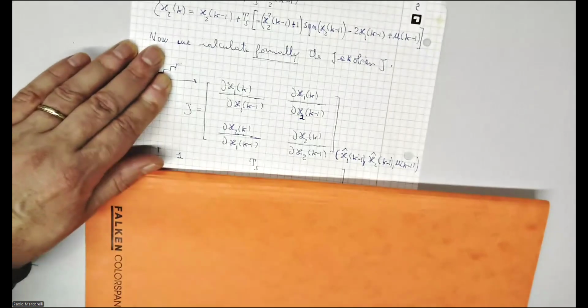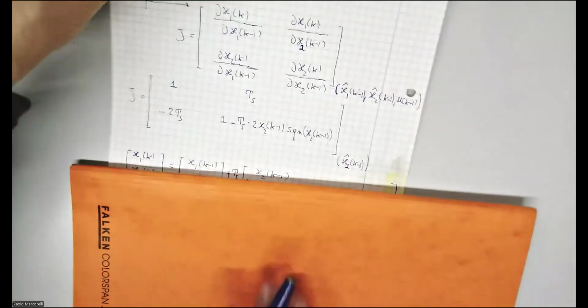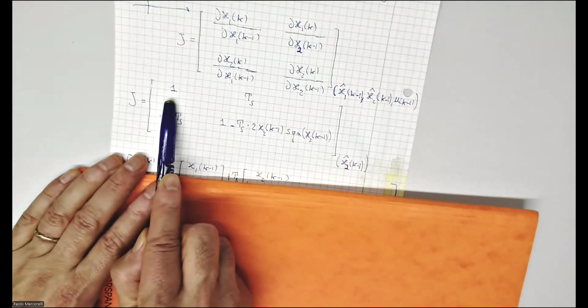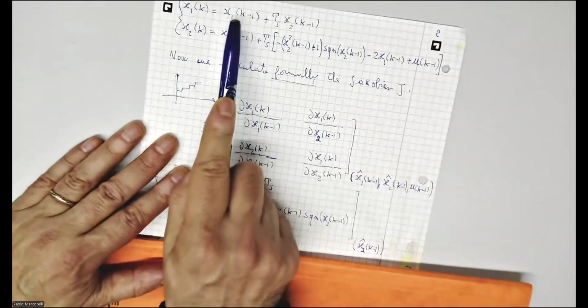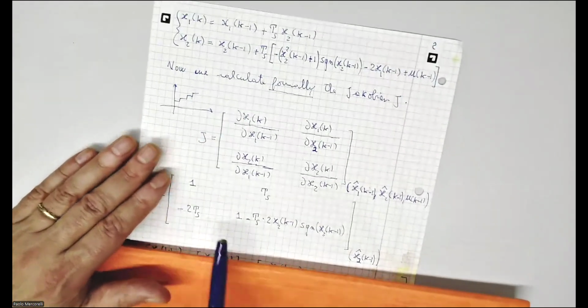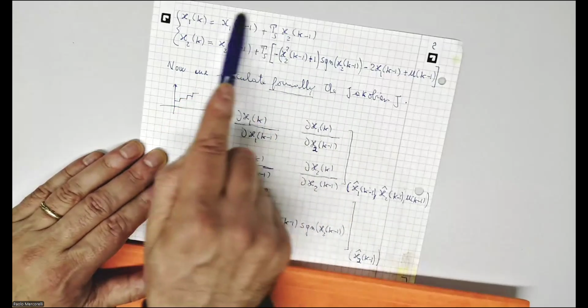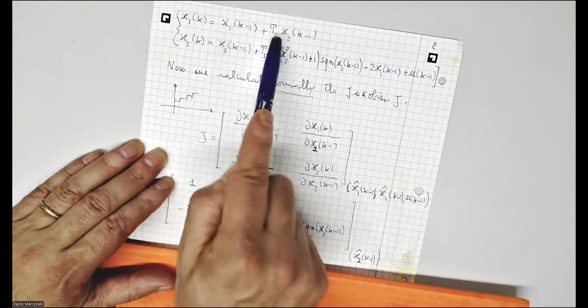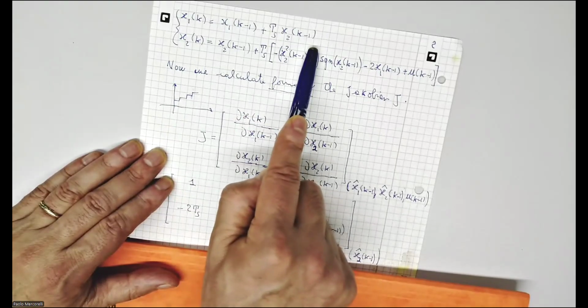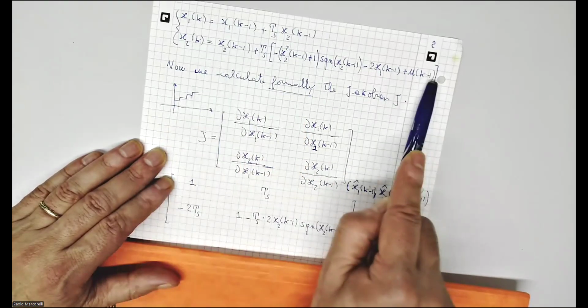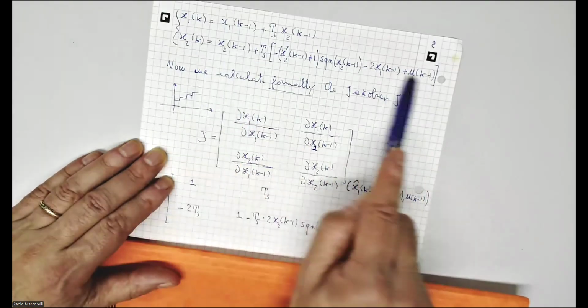Okay, the calculations are easy. The derivative of f1 with respect to x1 is 1. You can see from here. The derivative of f1 is this component here. The derivative of f1 with respect to x2 is ts, excuse me. Sometimes I call it t, sometimes ts. Look at the derivative, the gradient of this equation here.